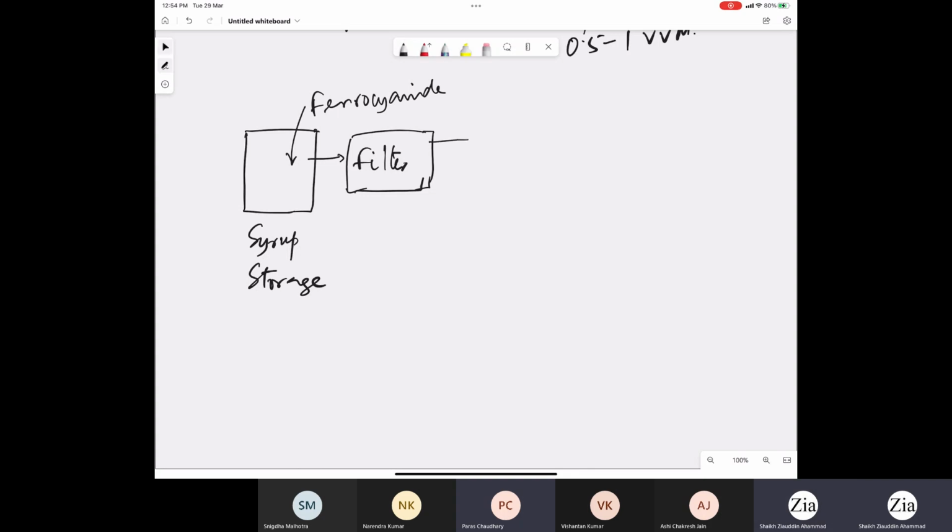Then you send it to the ion exchange column, this cation rather.